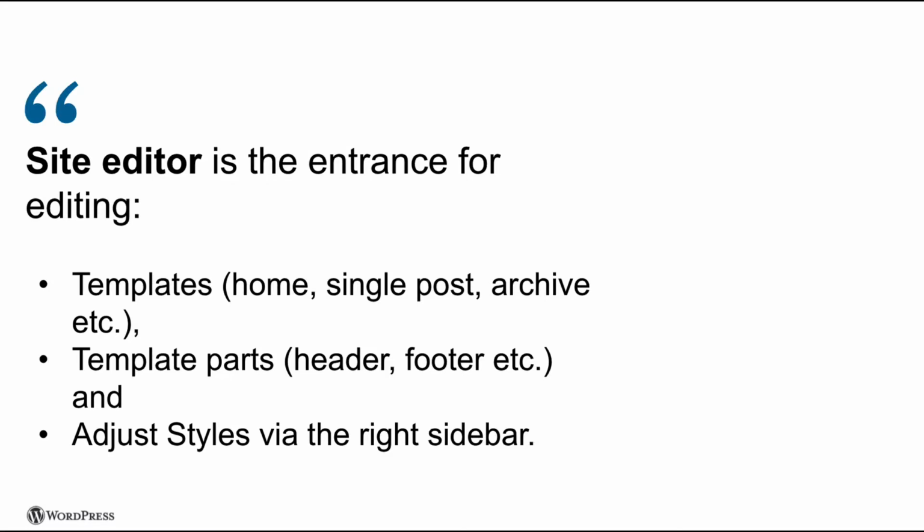The site editor is the entrance for editing templates, for instance your single home template, your archive template, your single page template, your query block, or the category pages. Then there are template parts that you can create or modify for header and footer. They come with the theme. And then you can also adjust the styles in the right sidebar. So we have pretty much two new sidebars in the editor.